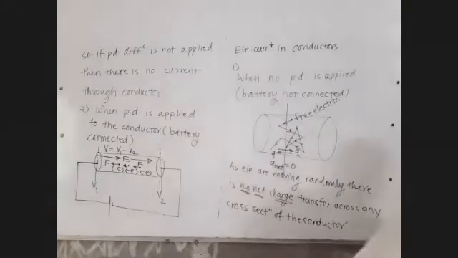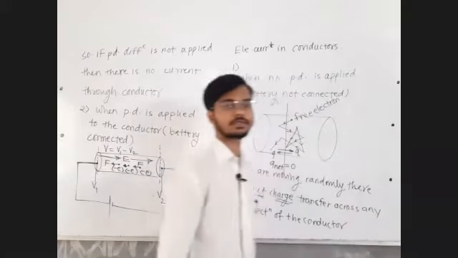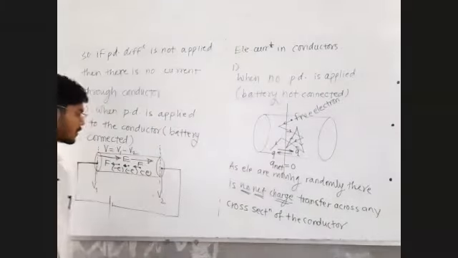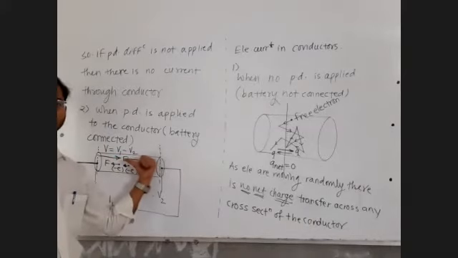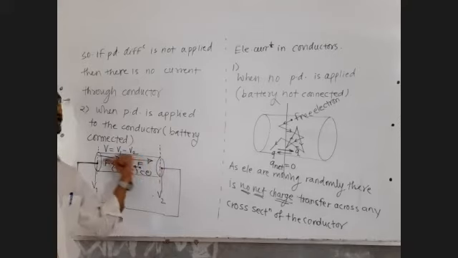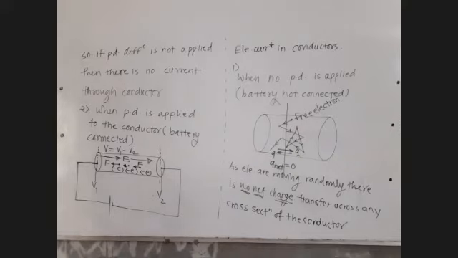Reply me in the chat box, agree, disagree. Over the given time interval, there will be transfer of negative charge from right to left. Electrons move in the direction opposite to electric field.